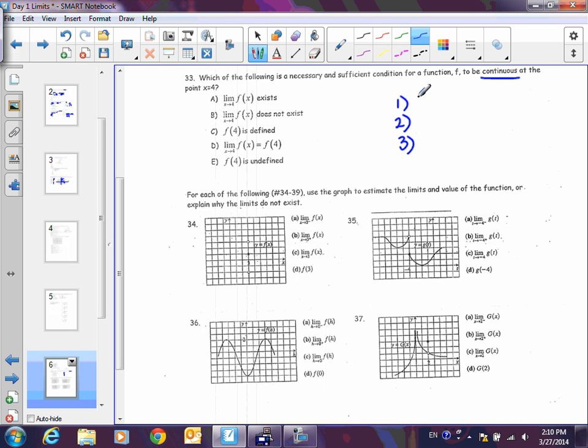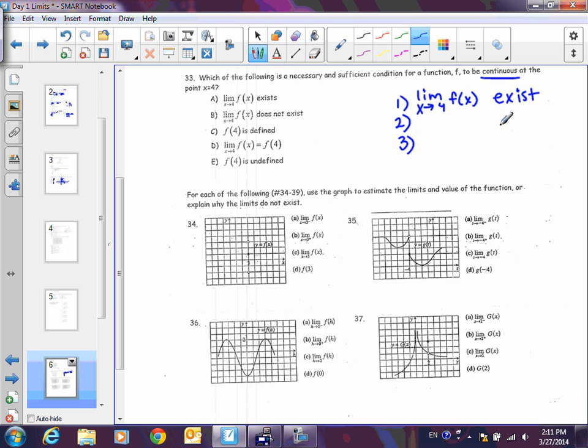First of all, the limit as x approaches 4 of f of x has to exist. That has to be true, which means the left and right-sided limits have to equal each other. That's implied by saying that this limit exists.